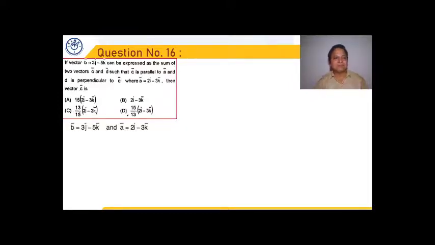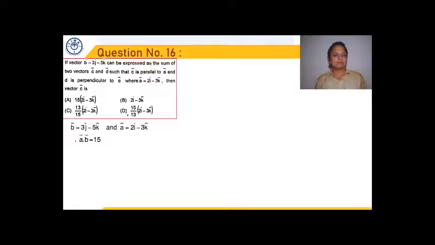So can we say B vector is given as 3j minus 5k and A vector is given as 2i minus 3k. Can we calculate A dot B?